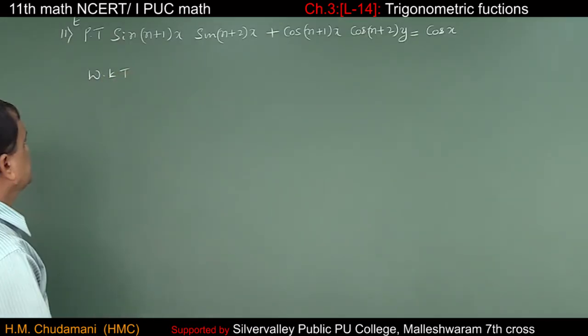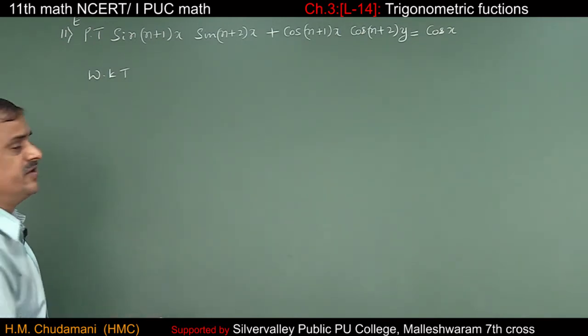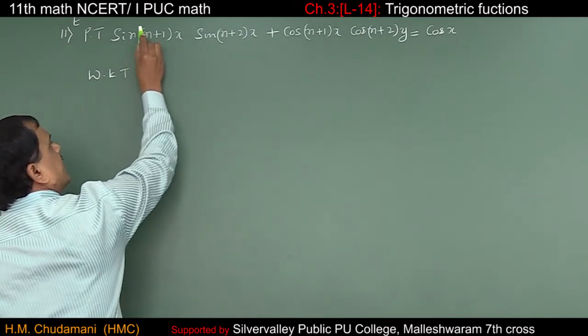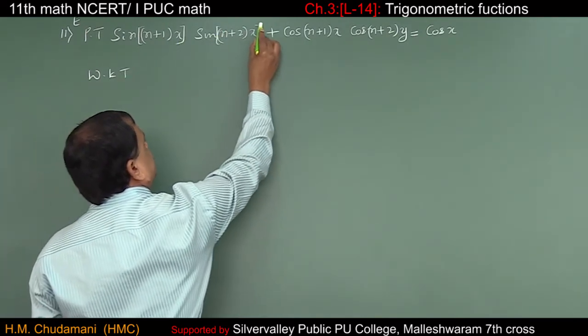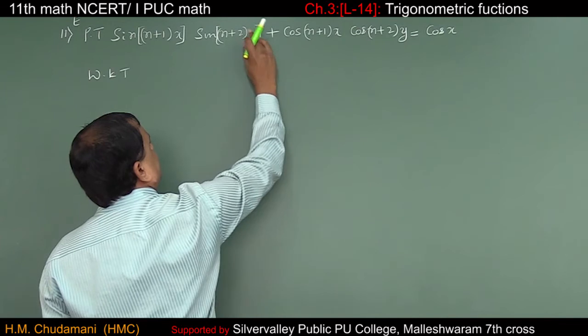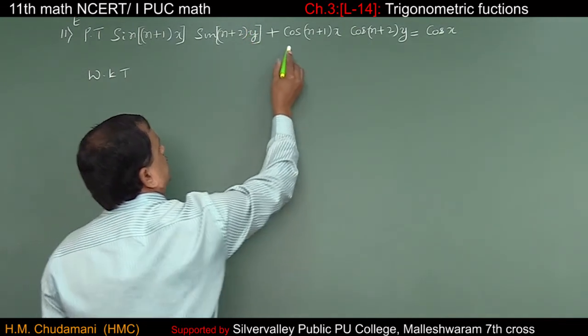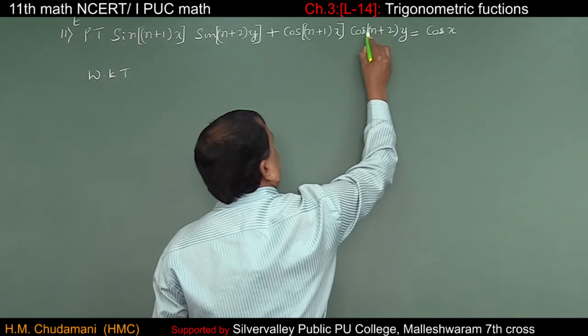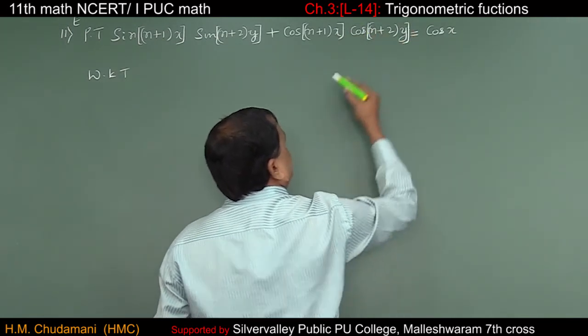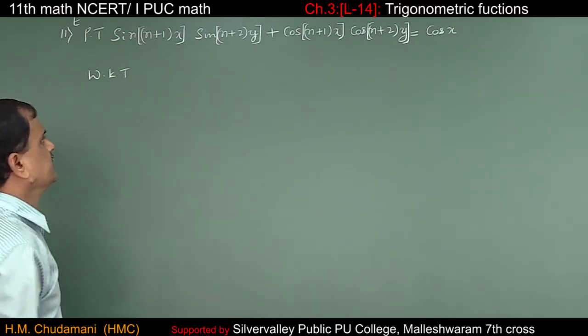Prove that sin of (n plus 1) into x, sin of (n plus 2) into x, I mean y actually, plus cos of (n plus 1) into x into cos of (n plus 2) into y, is equal to cos x.